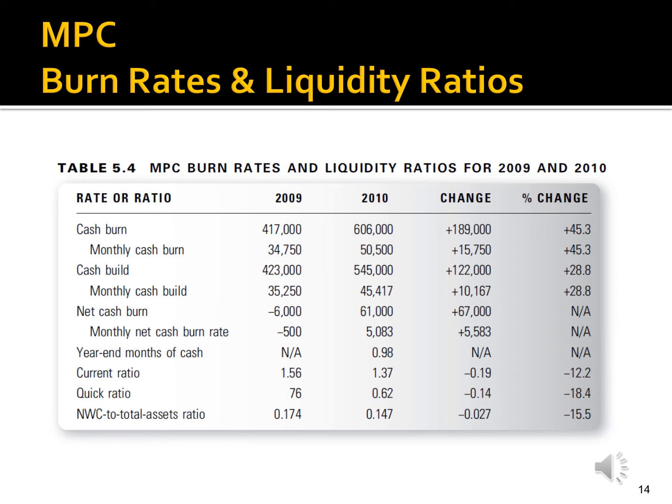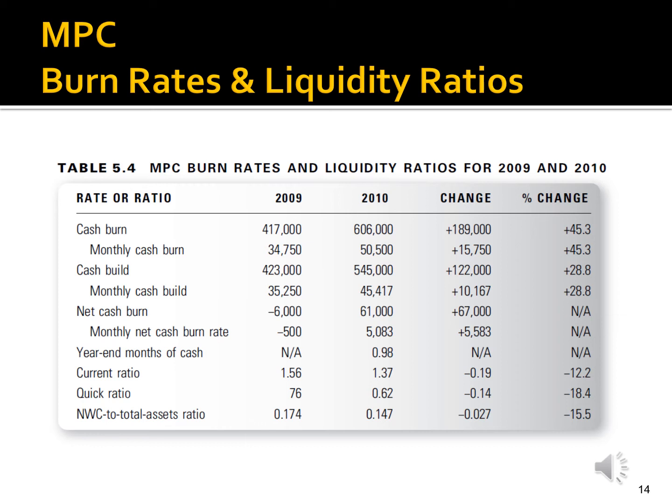Based on the MPC example, between 2009 and 2010, the cash burn for 2009 is lesser than 2010, and for 2009 the cash build generated by the business is higher than the cash burn.